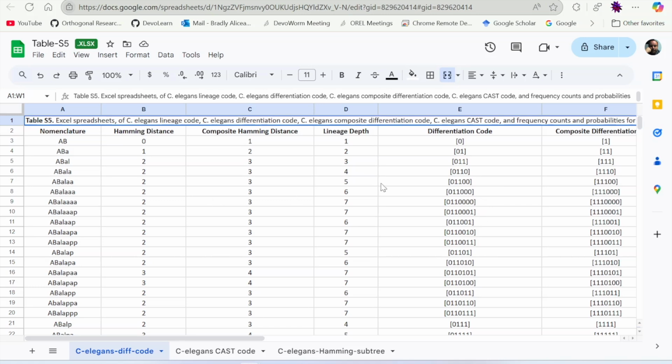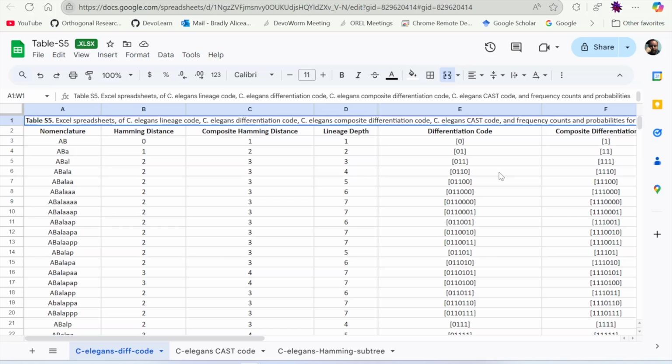Now, one of the things we did, and I'm not going to pull up this table, is we calculated something called a cast code. This is not something that I think is useful for hypergraphs, which is originally why I'm showing you this data. But the cast code is like a BLAST sequence analysis, where you take two sequences and you align them, and then you calculate a distance between them.